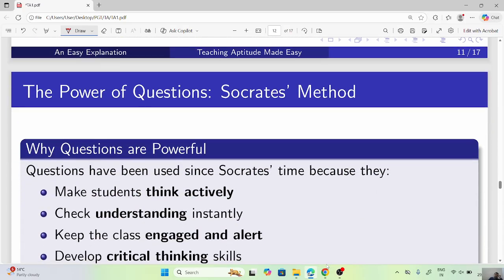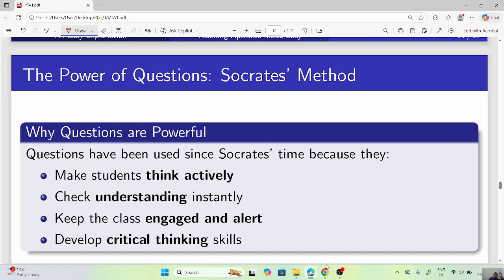The power of the question. Socrates method. Socrates was one of the first questioners in the Greek or Roman era. Why are questions so powerful?